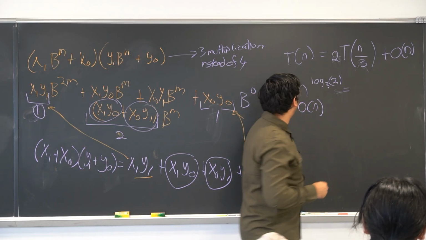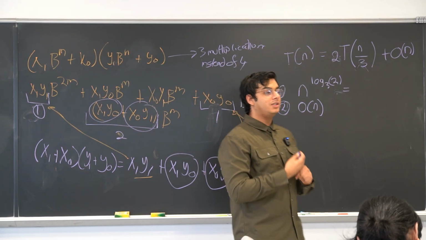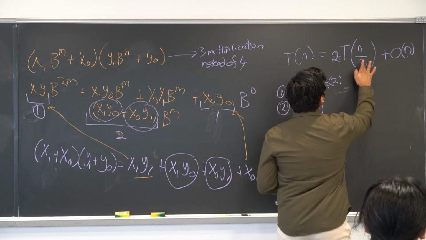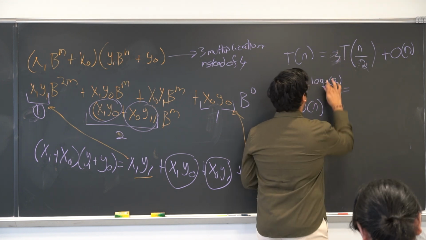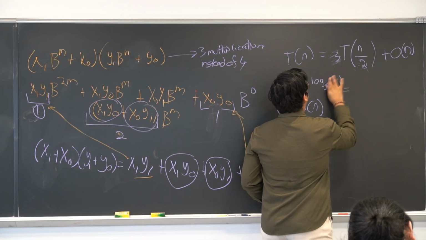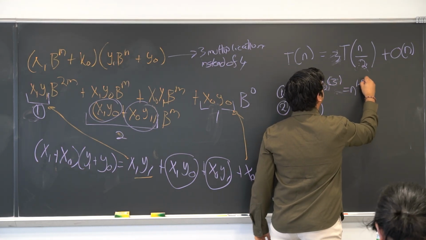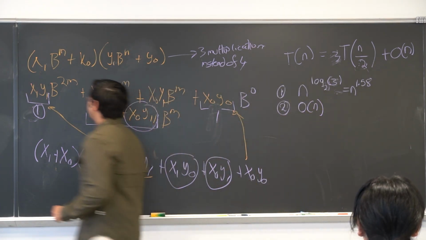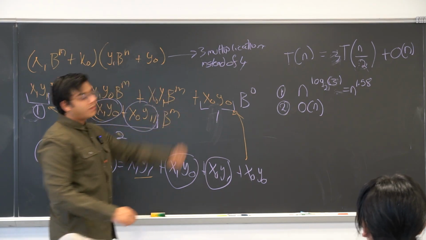Oh, I was so off. It's 0.63. That doesn't make any sense. That means these two numbers are switched. What's log base 2 of 3? 1.58. There we go. That makes much more sense. And that tracks because, here's why that makes more sense.